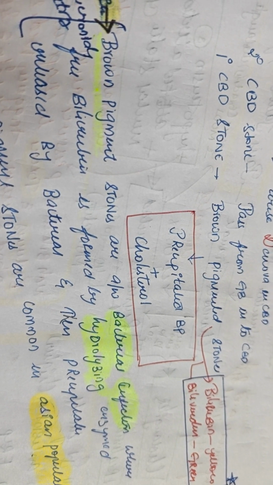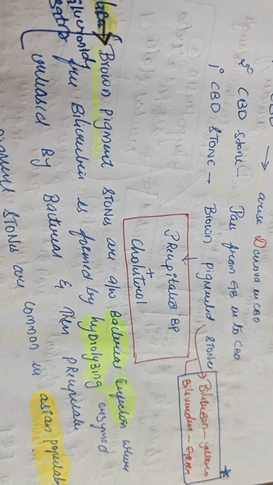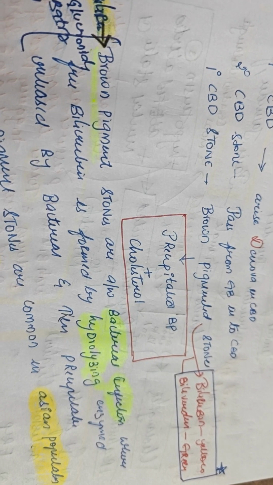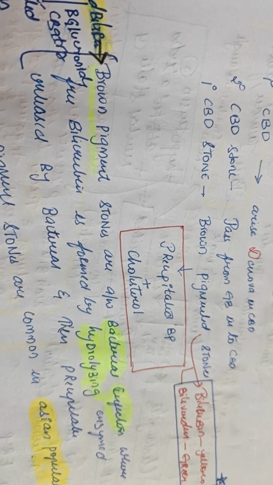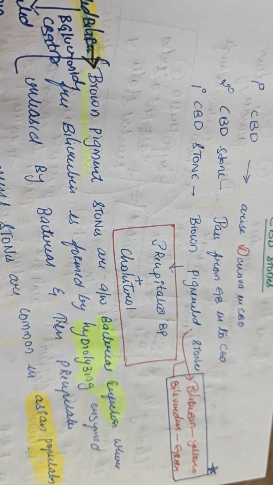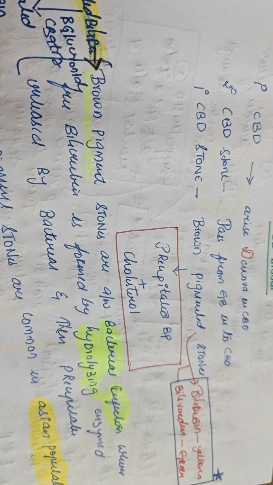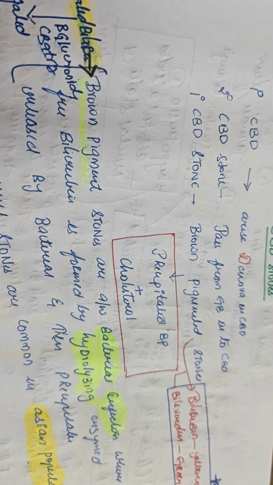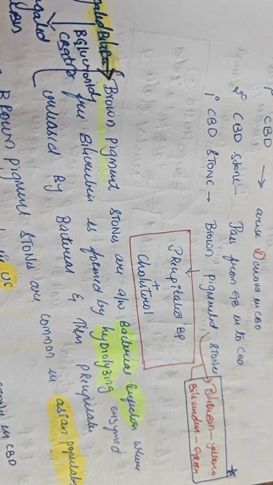Now how is this brown pigmented stone formed? Because of precipitation of bile pigments, that is bilirubin, and plus cholesterol. That is how the primary stones are formed. So mainly primary brown pigmented stones are because of precipitated bilirubin and cholesterol.